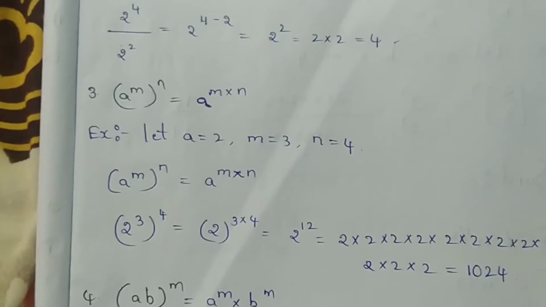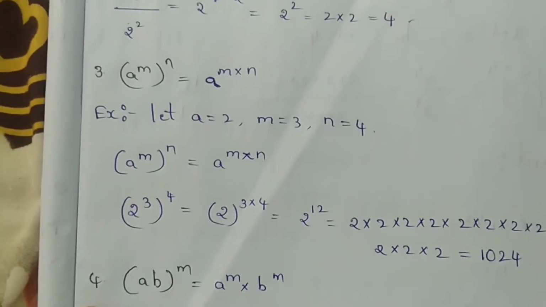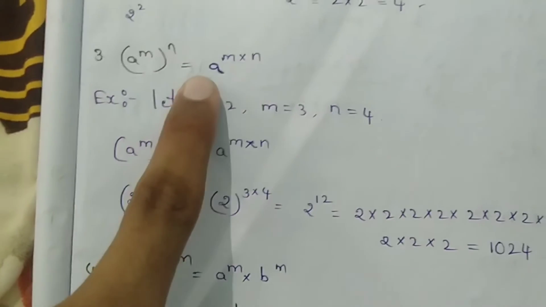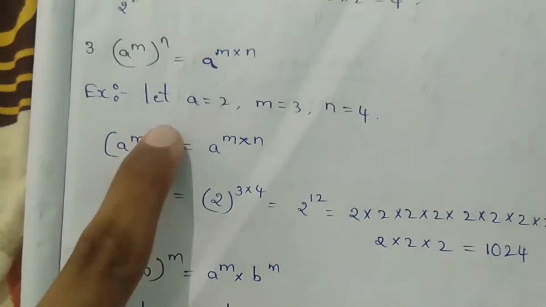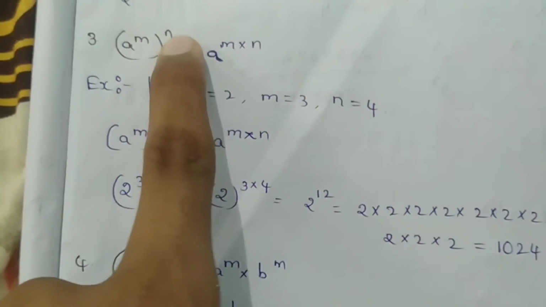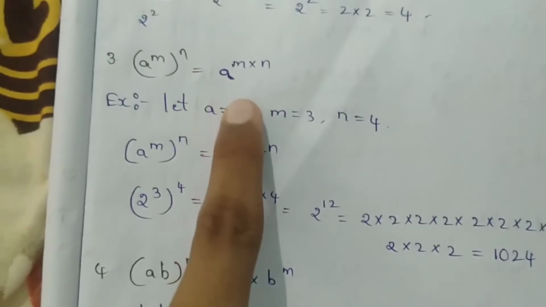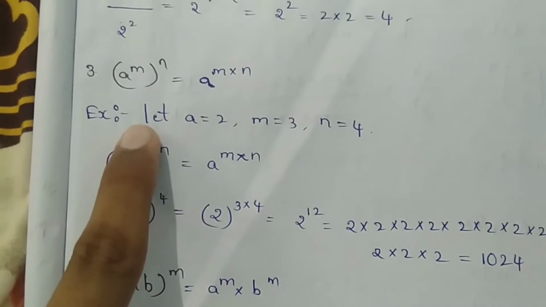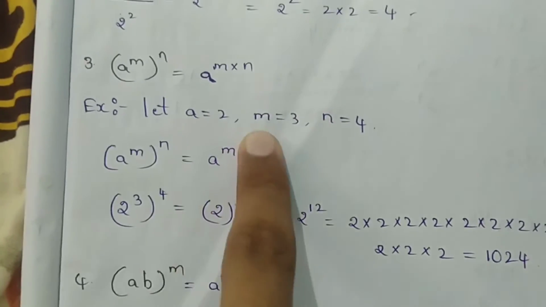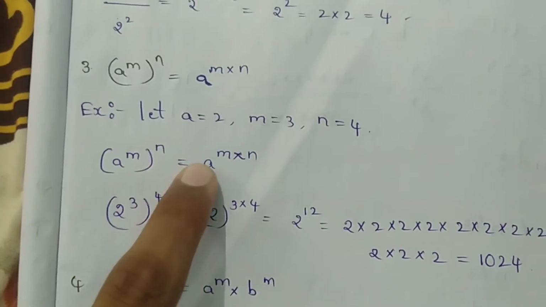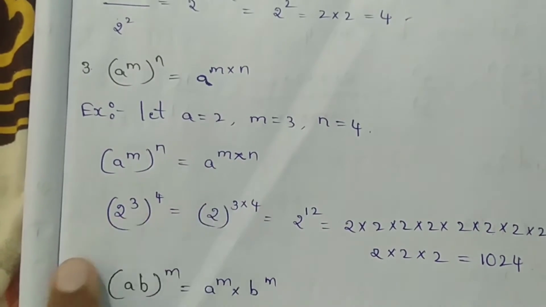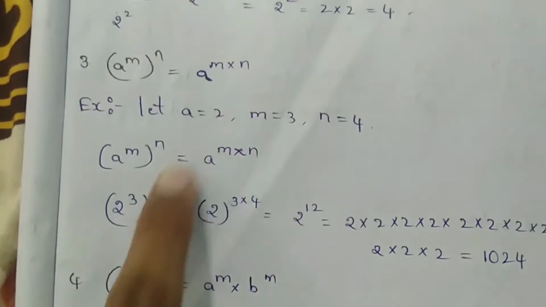Next, a power m whole power n is equal to a power m into n. We have to multiply this m and n and keep a like that only. Let a equal 2, m equal 3 and n equal 4. A power m whole power n is equal to a power m into n. What is given for a here? 2.